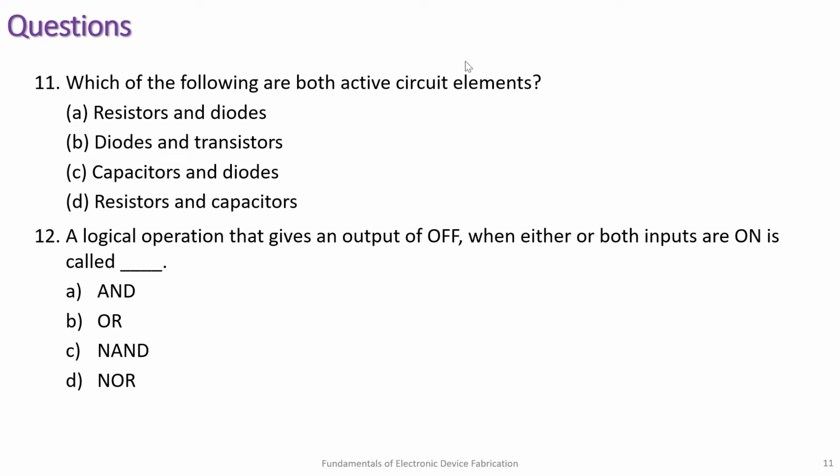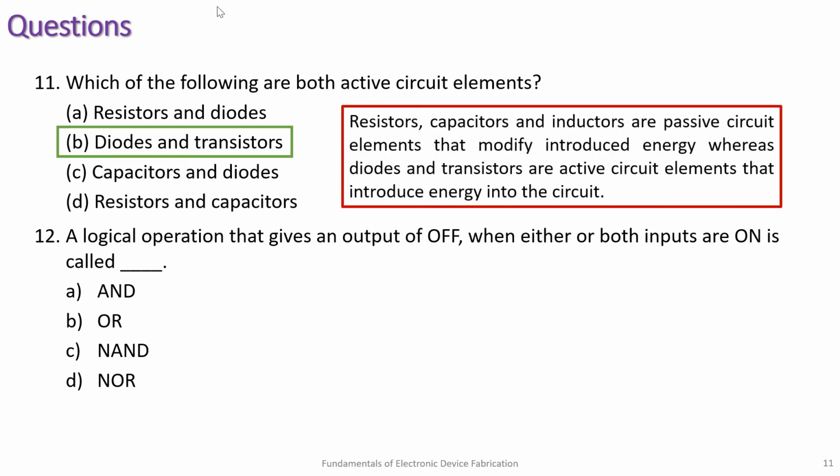Yes, that is correct. To put it in precise words, diodes and transistors are the active elements which supply energy or introduce energy into the particular IC, whereas resistors or capacitors, as she already mentioned, are the helping elements. That is, they modify the introduced energy. So that is the difference between active circuit elements and passive circuit elements. Is that clear for all of you?